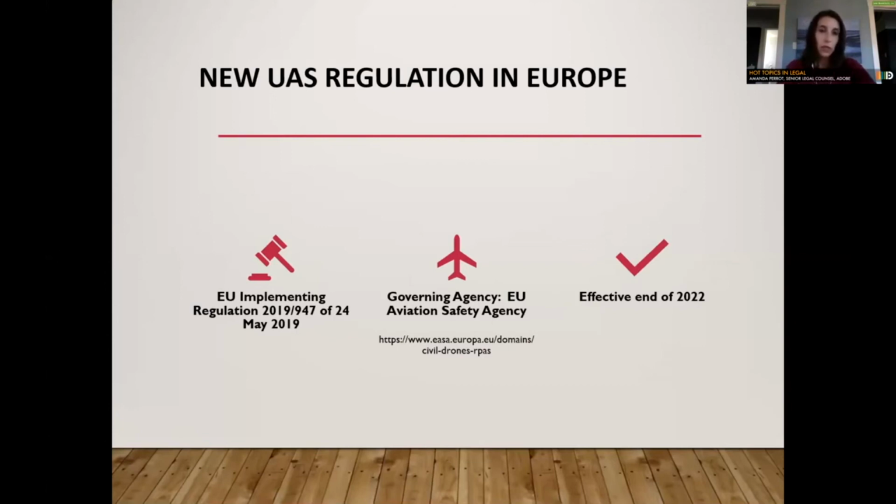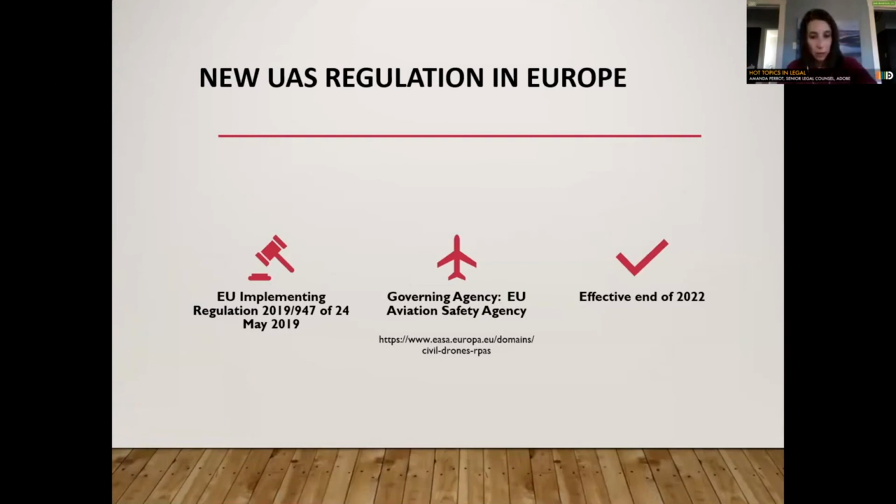Even though there's going to be a general EU law, the member states will define their geographic zones where drones may not fly. So for example, natural parks, city centers, and near airports, the common sense areas where you may not want to have drones. It was originally effective as of July 1st, 2020, but like so many things, it's been pushed out due to COVID.